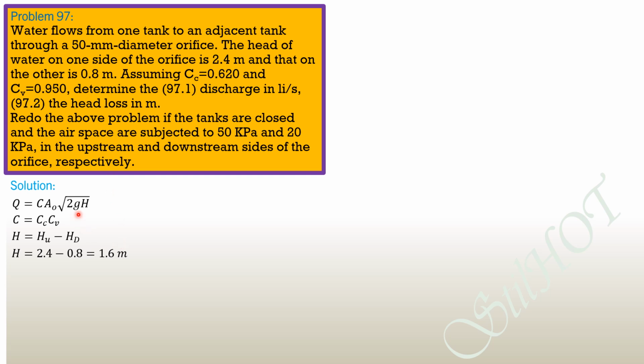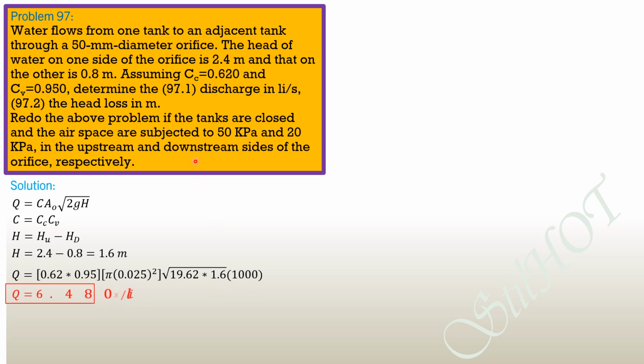Substitute into the equation and multiply by 1000 to convert the discharge to liters per second. So 0.62 times 0.95, that is C, then pi times 0.025 squared, area of orifice, square root of 19.62 times 1.6 times 1000. So Q is equal to 6.480 liters per second.